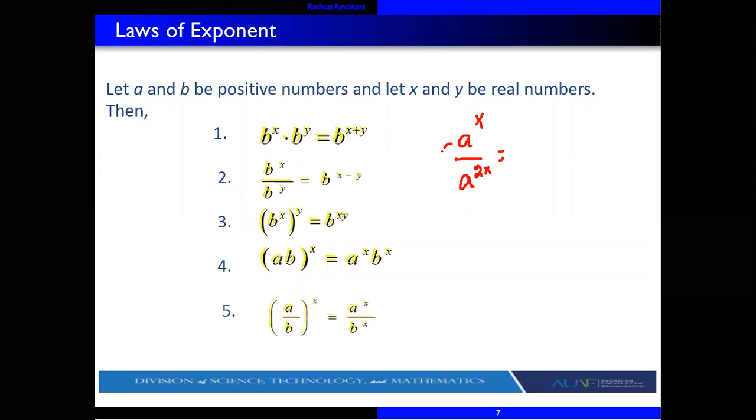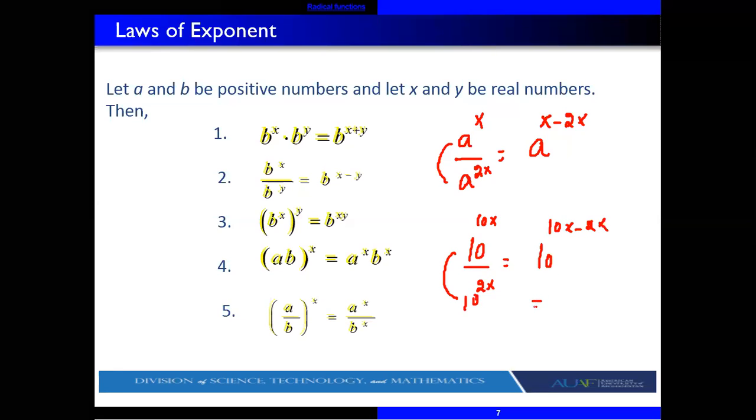In division, when bases are the same, both are a, then subtract their powers. Take one base and x minus 2x. For example, if we have 10 power 10x divided by 10 power 2x, in division, when both bases are the same, take one base and subtract their powers. 10x minus 2x equals 8x.